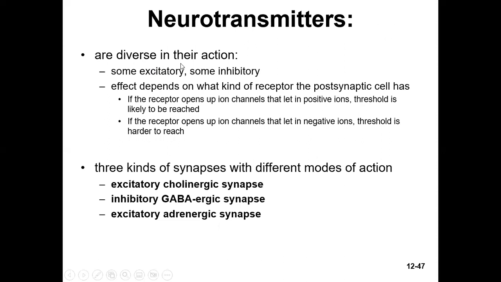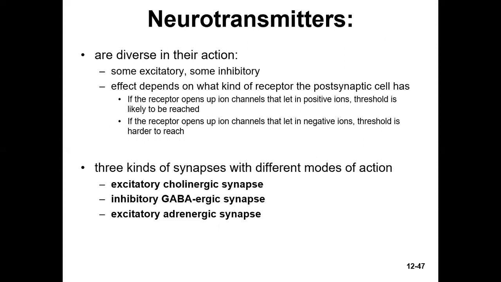Neurotransmitters are diverse in what they are capable of performing. Some have an excitatory mechanism, and some will have an inhibitory style of effect. The effect depends on the kind of receptor the postsynaptic cell has.